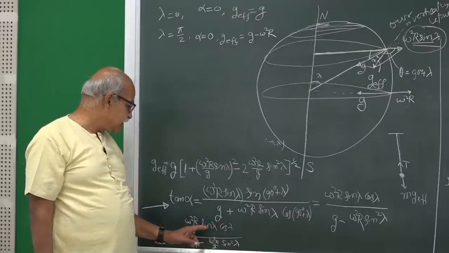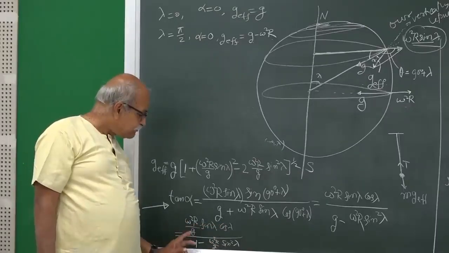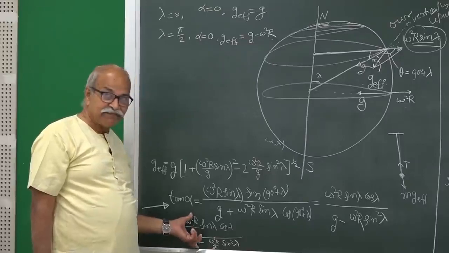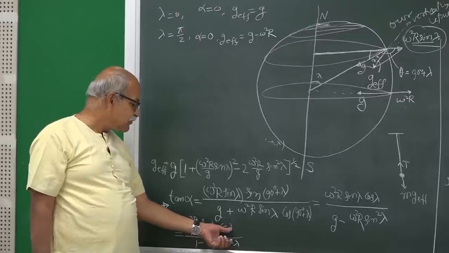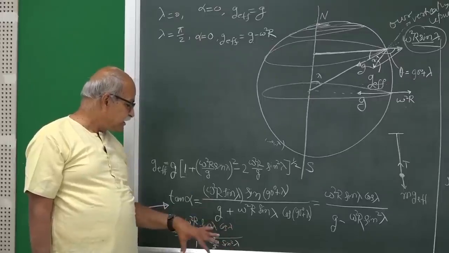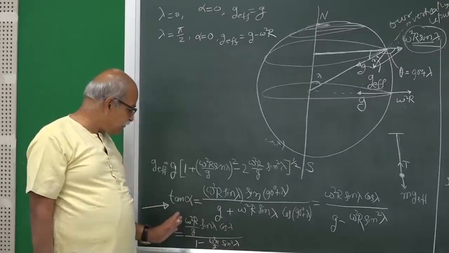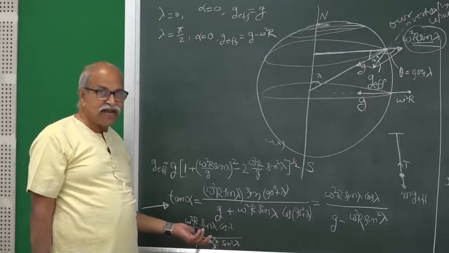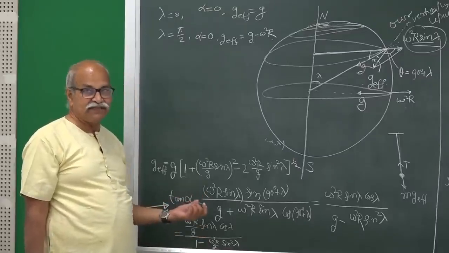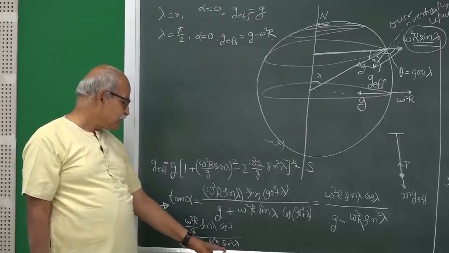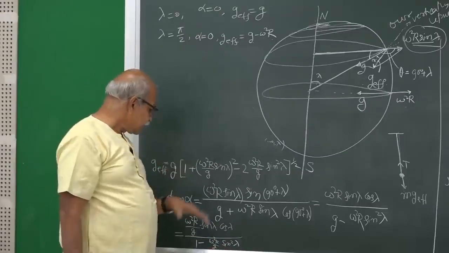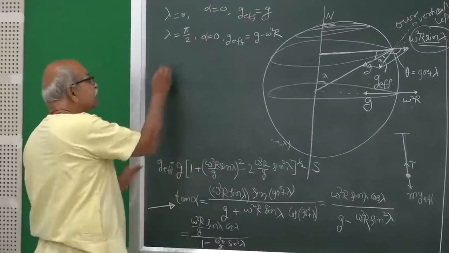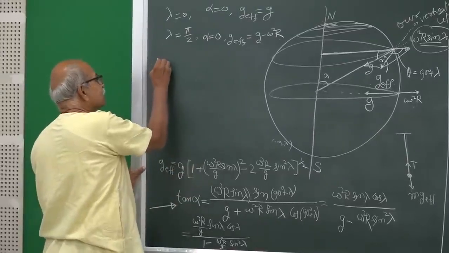But this thing you can see, sine lambda and cos lambda, and you can find at which lambda this is maximum. It is 0 at lambda equal to 0, it is 0 at lambda equal to pi by 2. So, in between at some place it will have a maximum value and that will be 45 degrees, very close to 45 degrees because of this term, but this is very small. So, it will be quite close to 45 degrees and therefore, at 45 degrees you have maximum alpha.